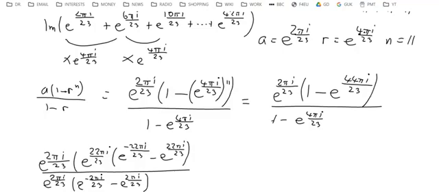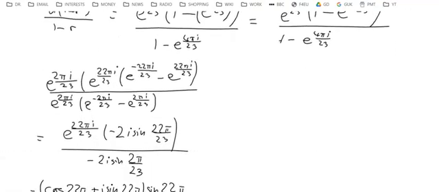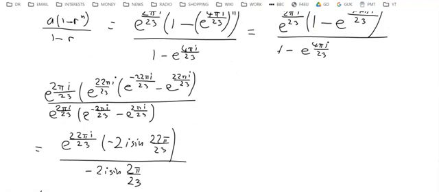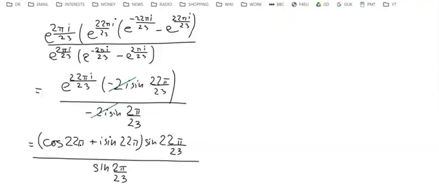Then if we do some cancelling down, and start to put it in terms of sines and cosines, we find that we have e^(22πi/23) times −2i sin 22π/23, over −2i times sin 2π/23. And if I cast out, we will have cos 22π/23 + i sin 22π/23.